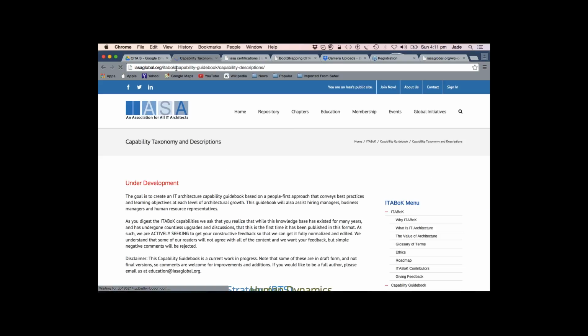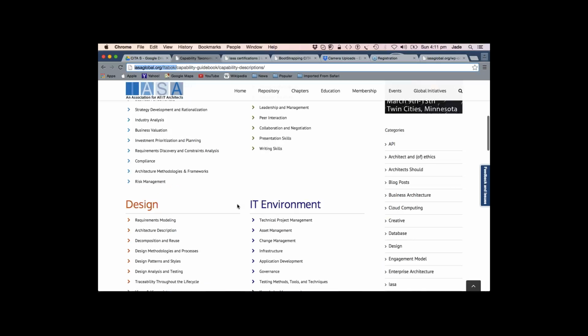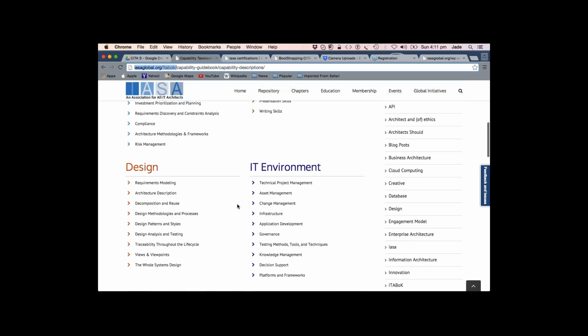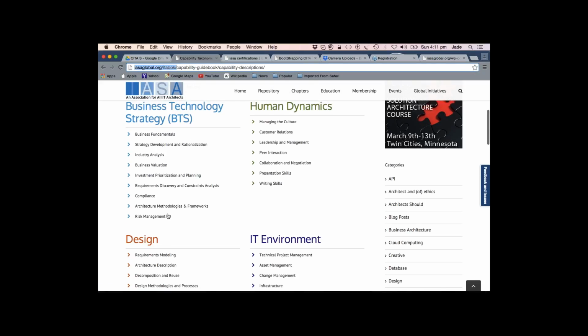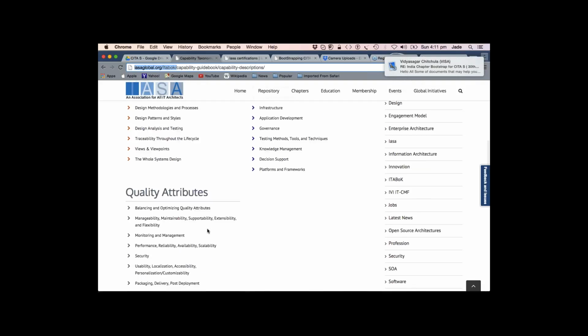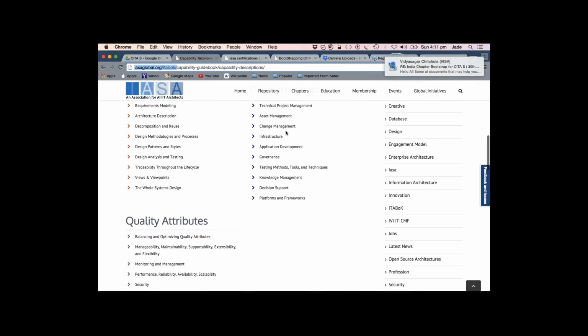If you look at the capability guidebook, we have certain capabilities that you can go through on the website, itaboc.isaglobal.org. What we are trying to do is look at the sub capabilities of each pillar. For example, in terms of the human dynamics, we have leadership, peer, customer relationship, presentation, design, and quality attributes.